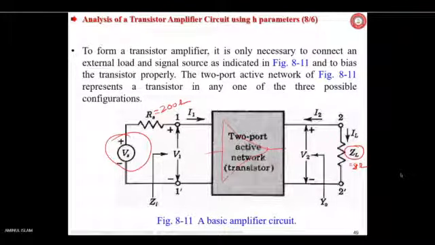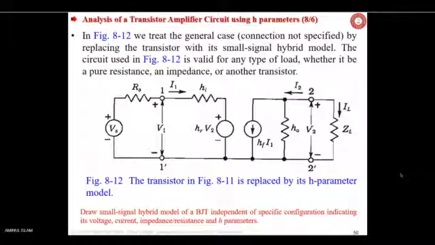Similarly, instead of writing only speaker, which possibly has resistance and also inductance if it is a coil, we have generalized and put this two-port network as an amplifier. We are adding the source and source resistance. At the output, you are connecting a ZL as a load resistance or impedance.